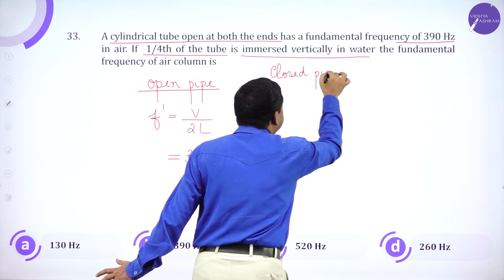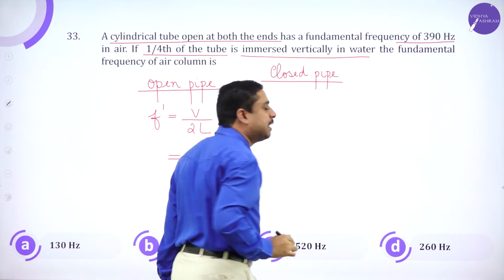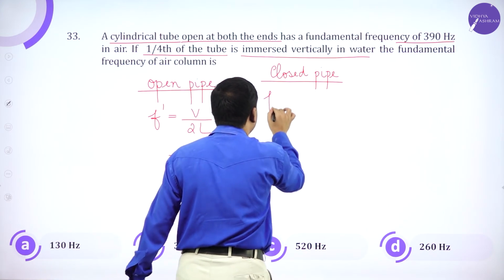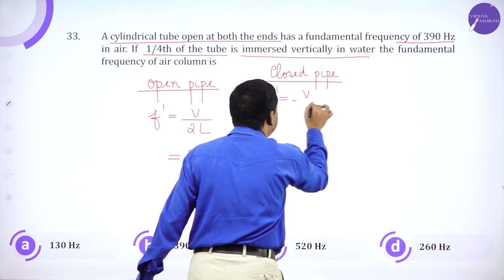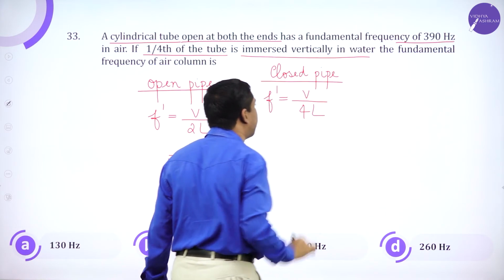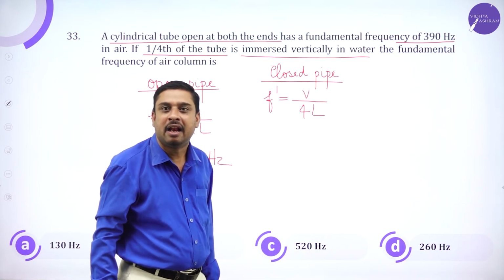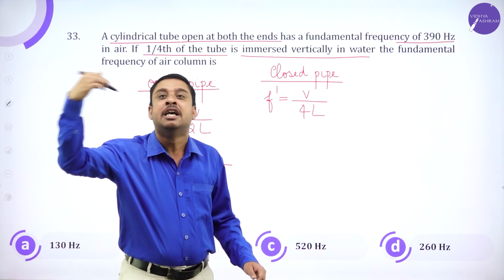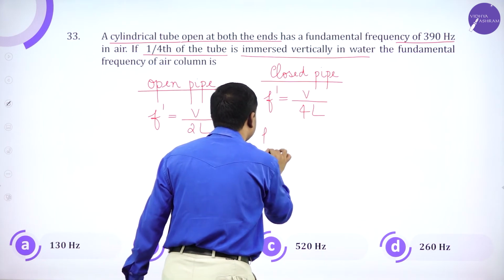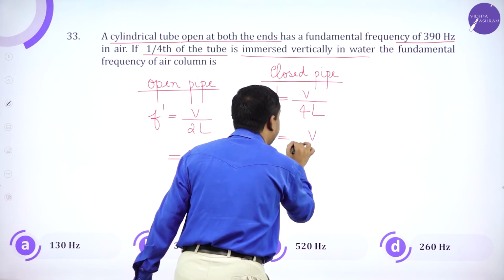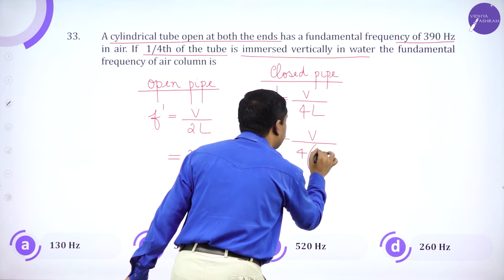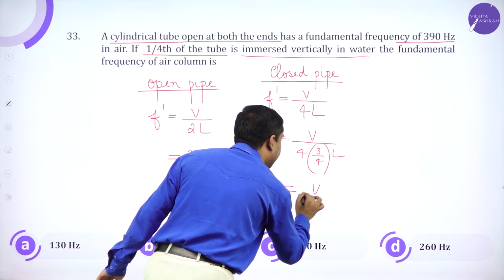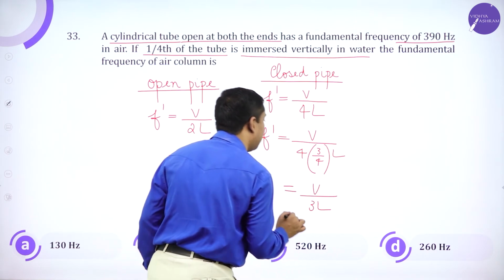One end is immersed in water, other end is open, so it is a closed pipe whose fundamental frequency is V divided by 4L. Now what is L? 1/4 immersed, so 3/4 remains. So F dash is V divided by 4 into 3 by 4 L, or V divided by 3L.